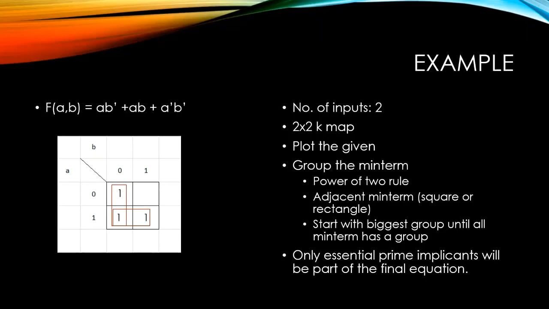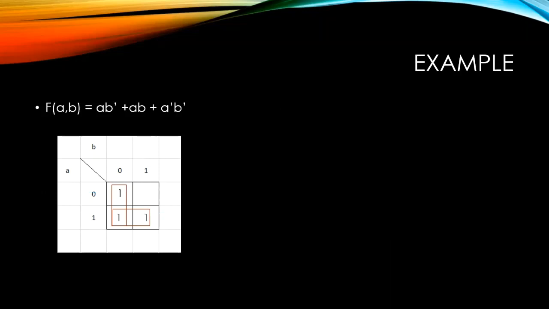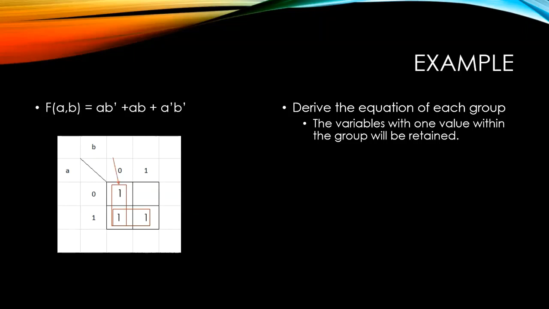So for example, A, within this group, what is the value of A? From this box to this box, it changed from 0 to 1. So therefore, A is not part of the equation.